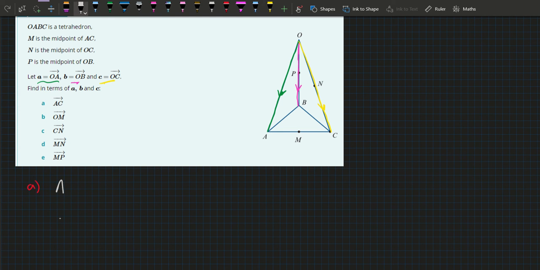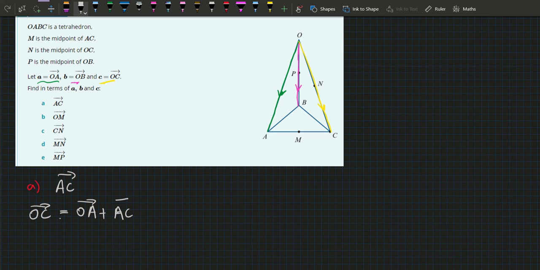We're looking for A to C, but little side fact is that O to C can also be rewritten as O to A plus A to C.